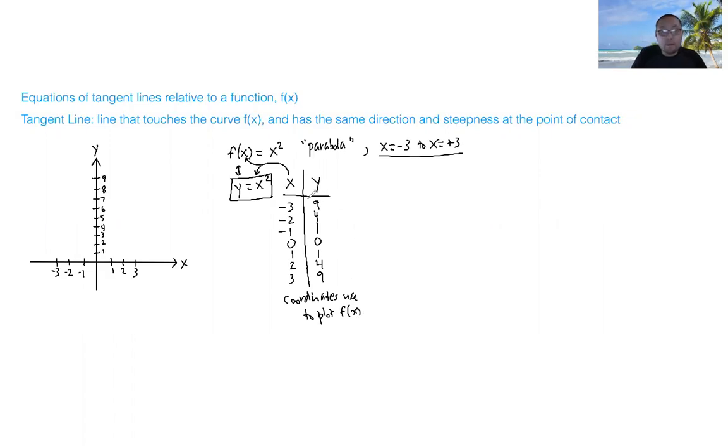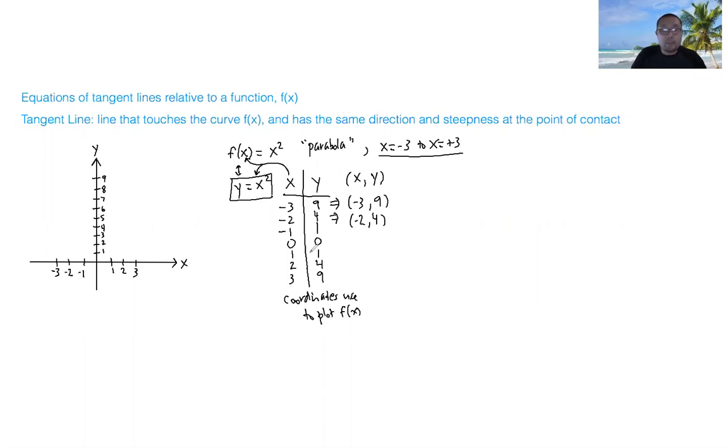Each pair, in this case the first pair is -3, 9, the second pair is -2, 4, and so on for the rest of these. Plotting in our Cartesian xy coordinate system is always defined by the first input being your x value, comma, the second value being your y coordinate.